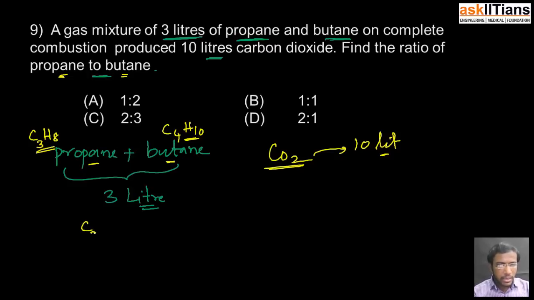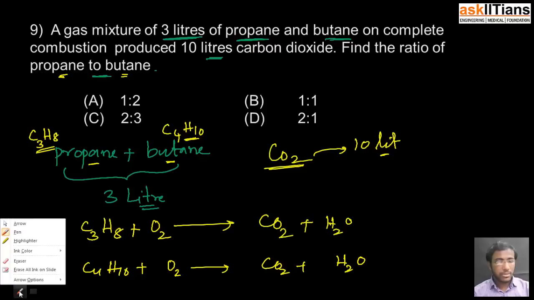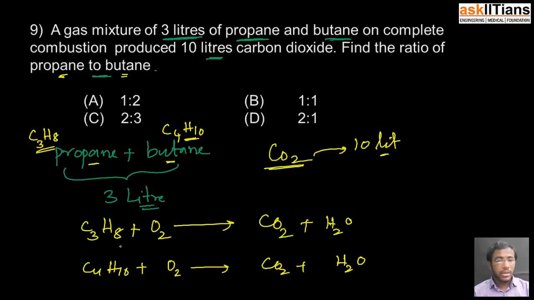If propane undergoes combustion, C3H8 reacts with oxygen and produces CO2 along with H2O. So this is one combustion reaction, and the other is C4H10 reacting with oxygen to produce CO2 plus H2O. Here the major thing is balancing. That's what you require here. Balance the 3 carbon atoms, and then next balance the hydrogens and oxygens.